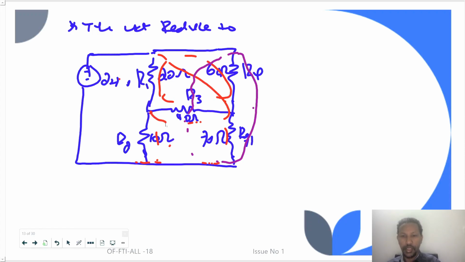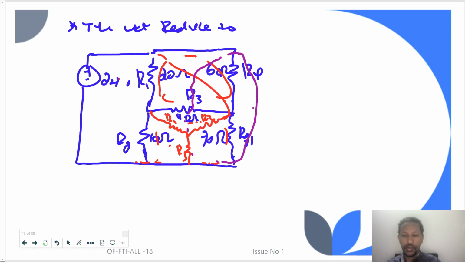Let's convert this Delta network into the equivalent Wye network. So this is R1, this one is R2, this one is R3. After the Delta network resistors are obtained, the Delta network will be removed from the original network.